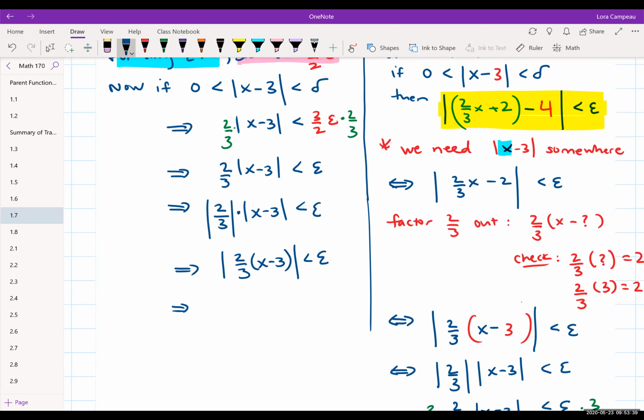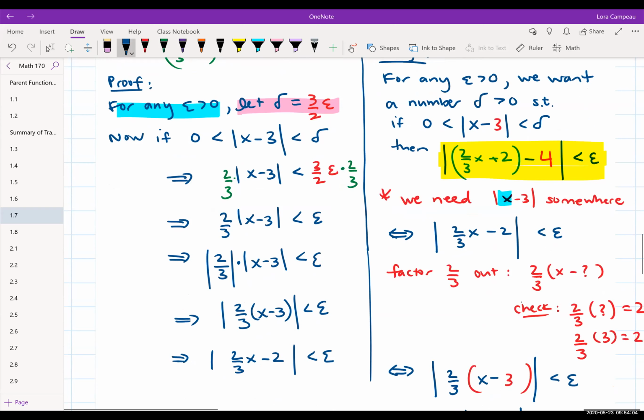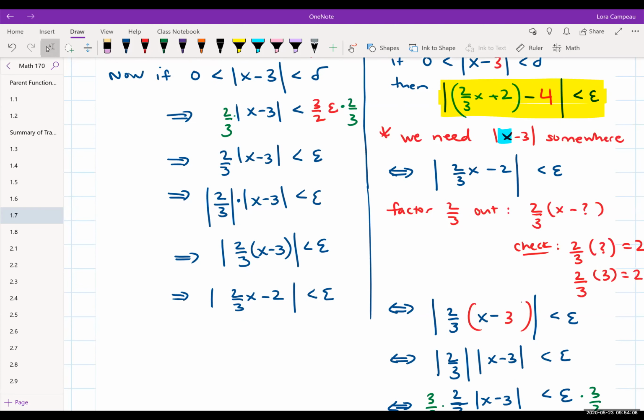Distributing it back in, this is where we're actually going to see part of our function. So this is going to give me 2/3 x minus 2 is less than epsilon. Let's make the less than symbol. Okay. Now we need to figure out how we are going to get that 4 back in. And this is the reason why we went backwards.